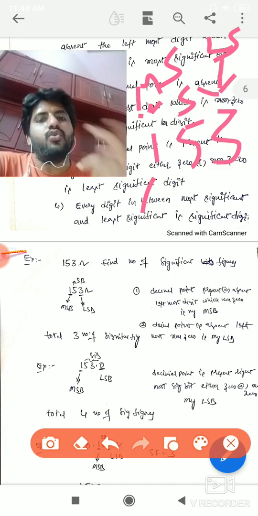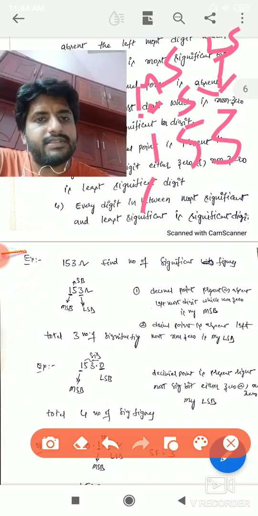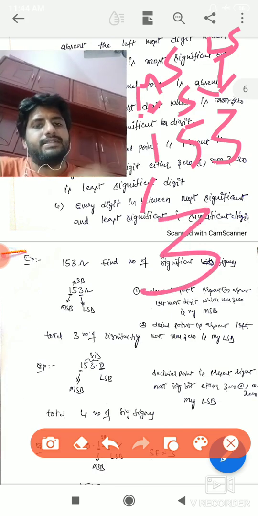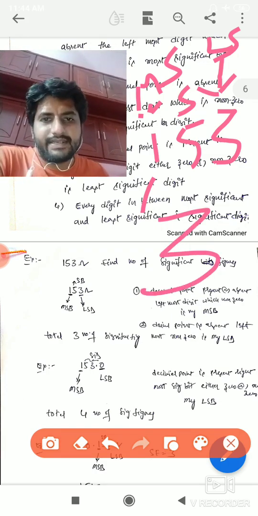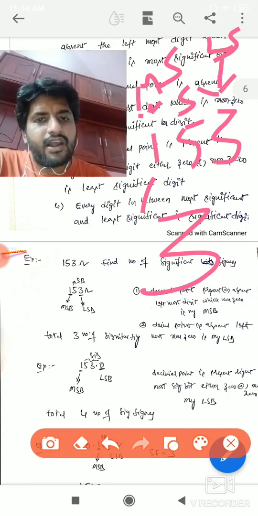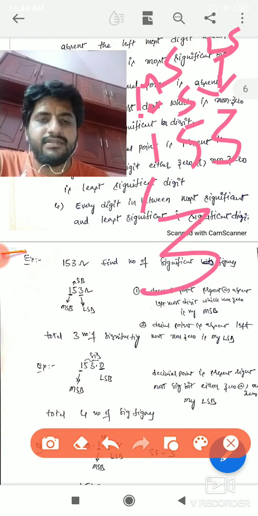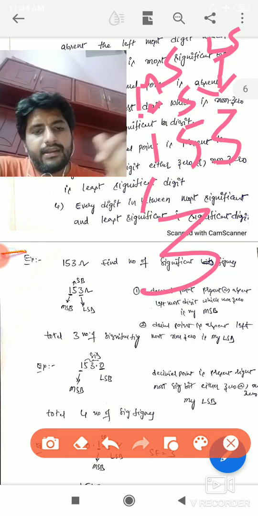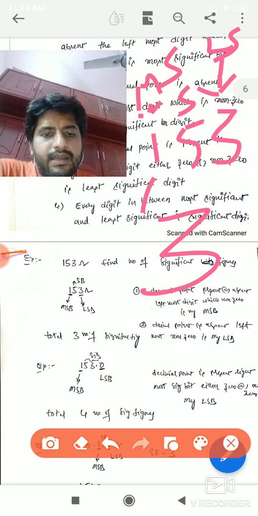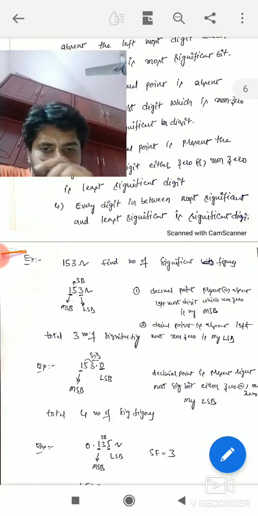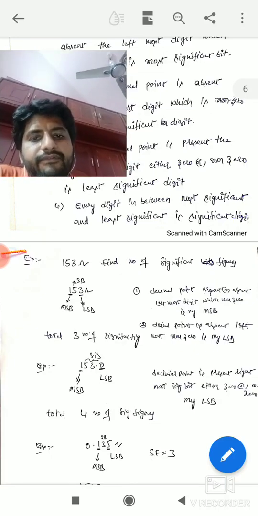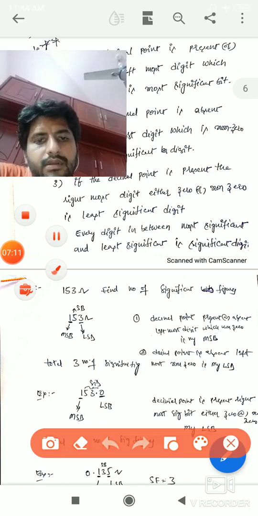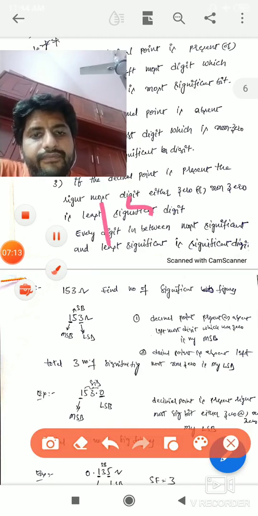So in total, how many significant bits? 1, 2, 3. So there are 3 significant bits, and the question ends. To find the number of significant figures, you should follow these rules. Now I'll go for another example. What is that example? 153.0.